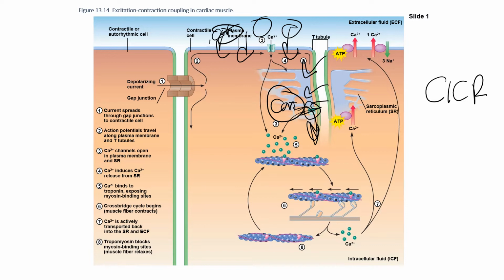Okay? Meaning the calcium that's coming in as the action potential is propagating through the DHP receptors or voltage-gated calcium channels, whatever you want to call them. That calcium that's coming in, let's draw it like this, that calcium that comes in serves two purposes. One, it causes calcium-induced calcium release.